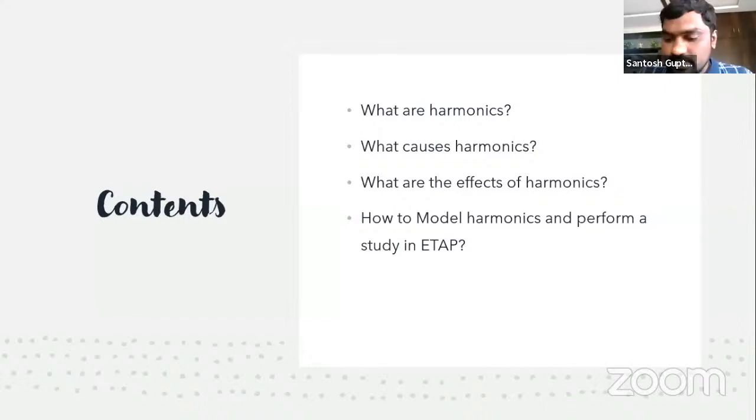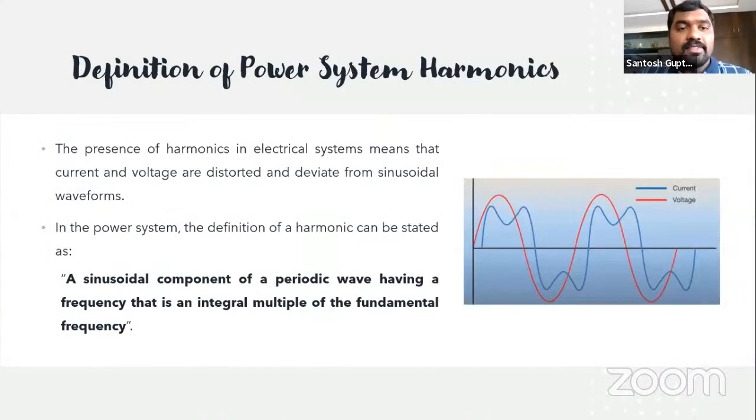Okay, let us start with what harmonics are. The presence of harmonics in an electrical system means that the current and voltage are distorted and deviate from the sinusoidal waveform. When you study in engineering, voltages and currents are basically sinusoidal in nature.